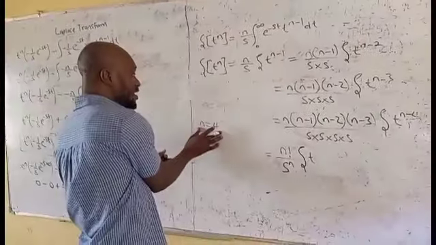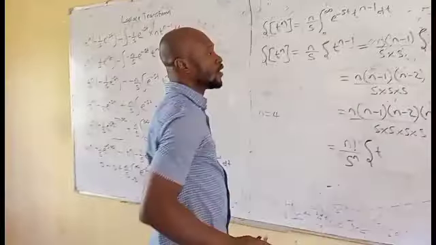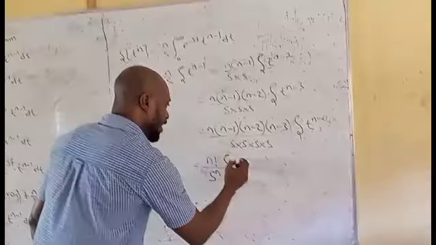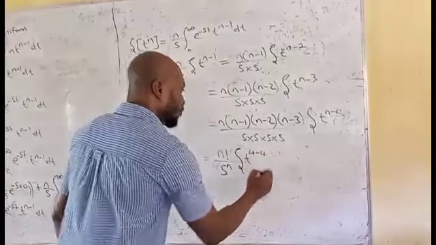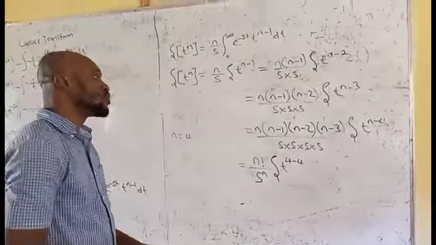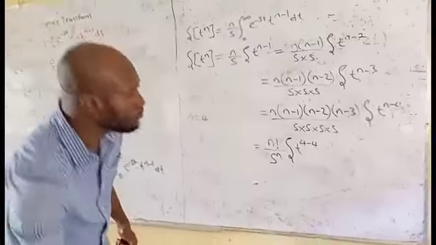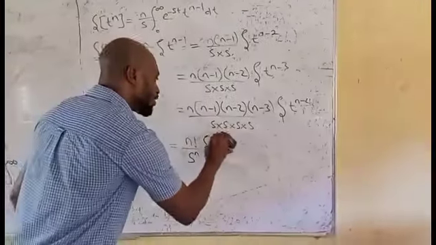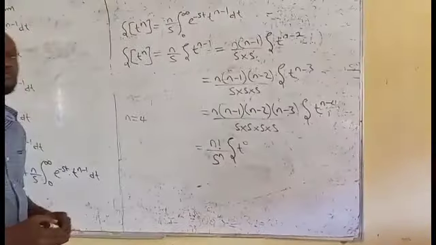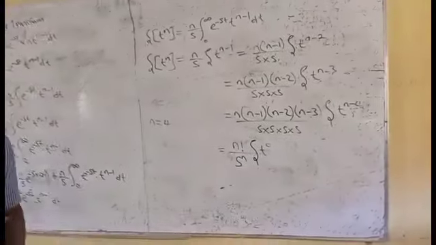Assuming now I take my n to be 4, so here that is n minus 4, which will now be 4 minus 4, and 4 minus 4 will give you 0. Meaning that you are going to have t raised to the power of 0, and any t raised to the power of 0 is 1.